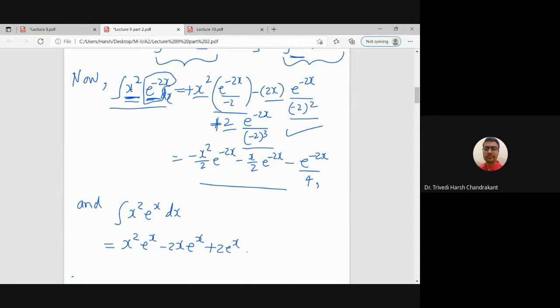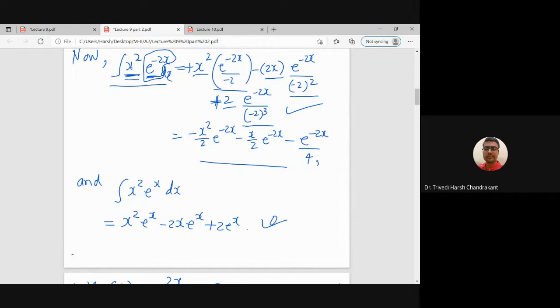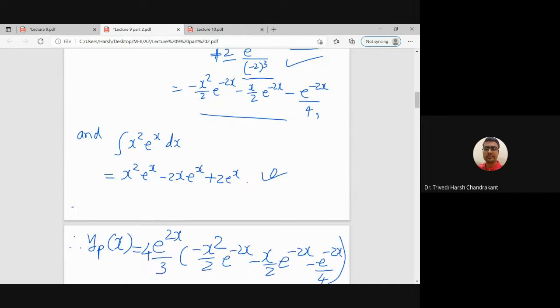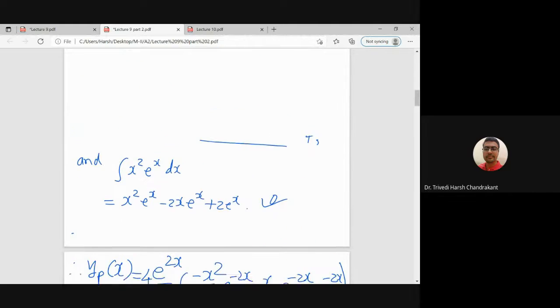The same way we can find the second integral, that is the integral of x square e power x. And now we substitute both of these integral values in the yp formula.